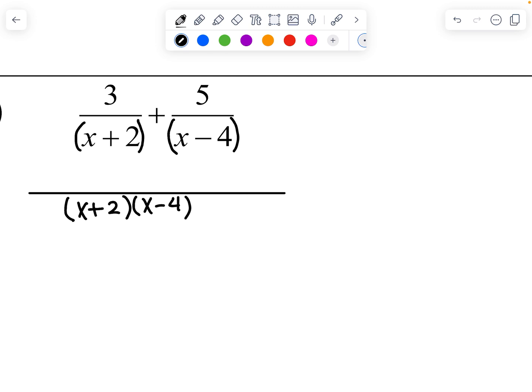So we want this denominator to look like this. What is it missing? It is missing the x minus 4.